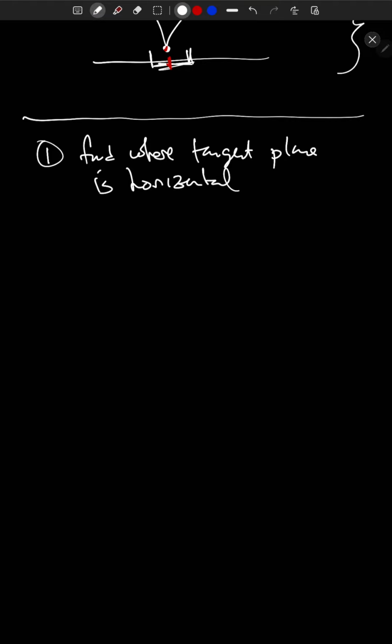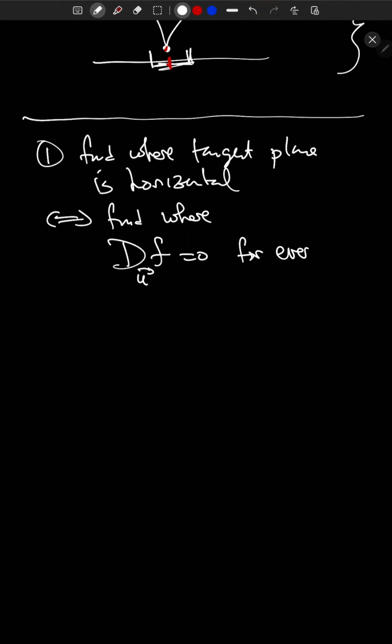In multivariable, you want to find places where the tangent plane is horizontal. That's actually the visual version of this, but the computational version is find where the directional derivative of f in the direction u is equal to 0 for every u, right?